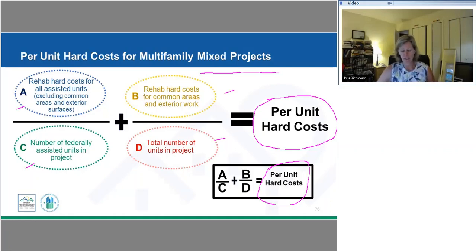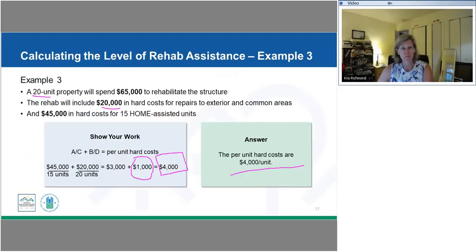So for example, if you had $150,000 of CDBG money and you had 10 units, you would divide 10 into the 150,000 because all 10 units are federally assisted, and that would be $15,000 per unit. And then if you had $400,000 of hard costs, you would divide that by your 10 units to come up with $40,000 per unit. So it's much simpler if they're all federally assisted. This example here with the formula is just if you're using mixed projects where they're not all federally assisted.